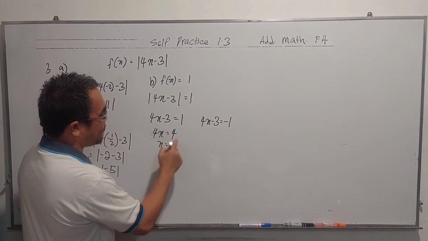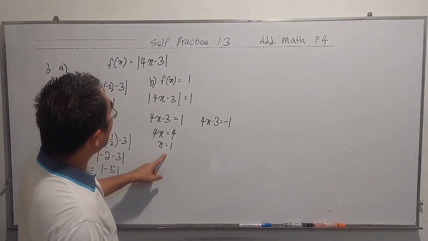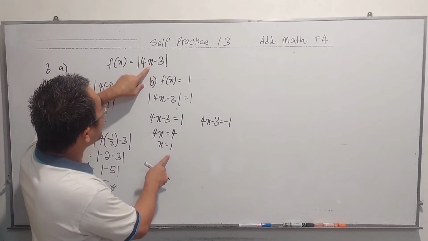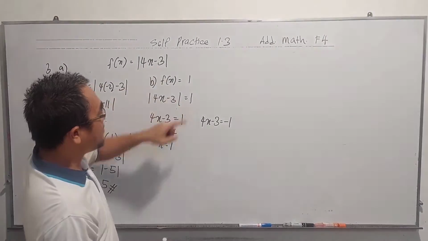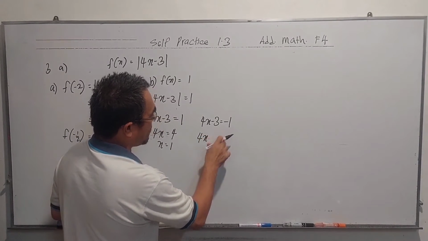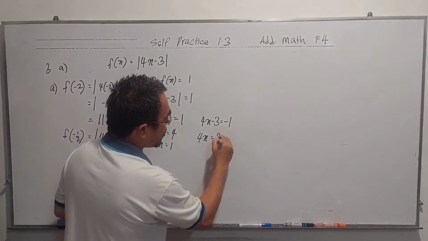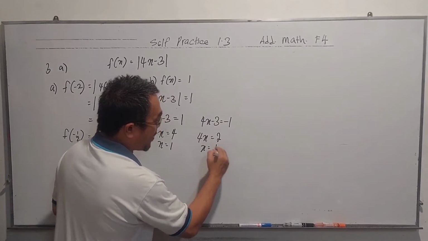So x will be 4 divided by 4 equals 1. Let's replace this back: 4 times 1 is 4, minus 3 is 1. Then 4x equals negative 1 plus 3, which is 2. So x will be 2 over 4, which is 1 over 2.